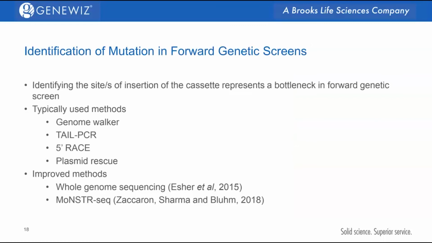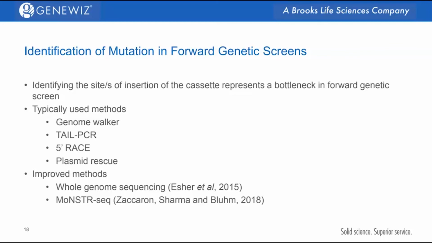After the screening was done, a big issue is how to identify the mutation in forward genetic screens. This identification represents a big bottleneck, because you have large collections of mutant strains, and you have done your screen, and now you could have hundreds of interesting candidates for which you would like to identify the mutation. It's a big problem even handling a few strains.